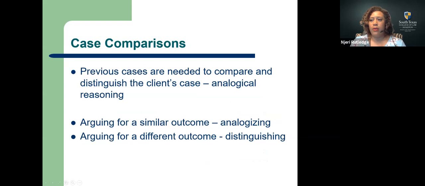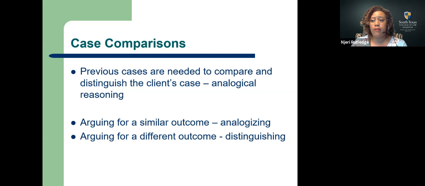When we talk about case comparisons, sometimes you need to look at cases in the past, previous cases, to compare and distinguish the client's case. And that, as we said before, is what analogical reasoning is all about.